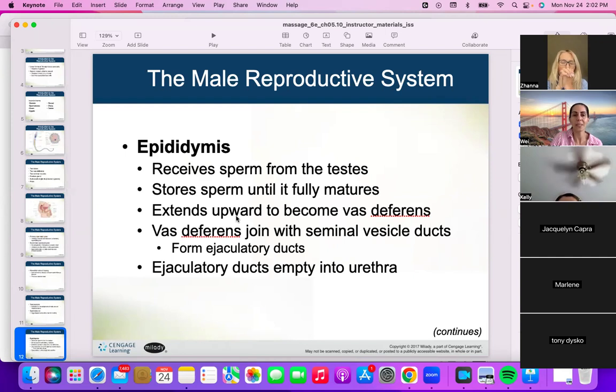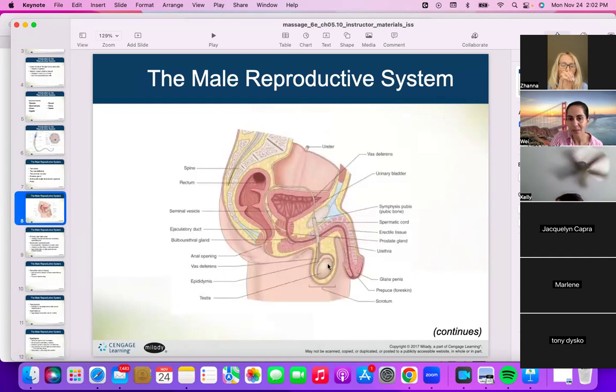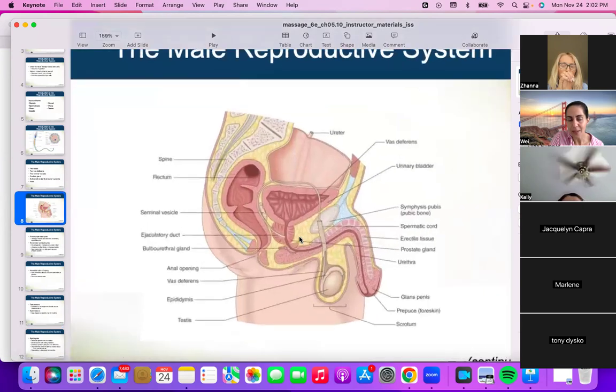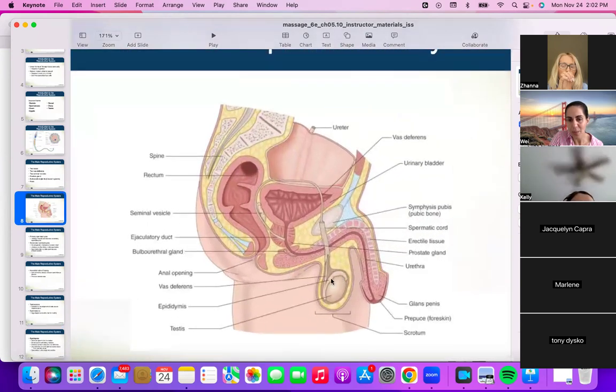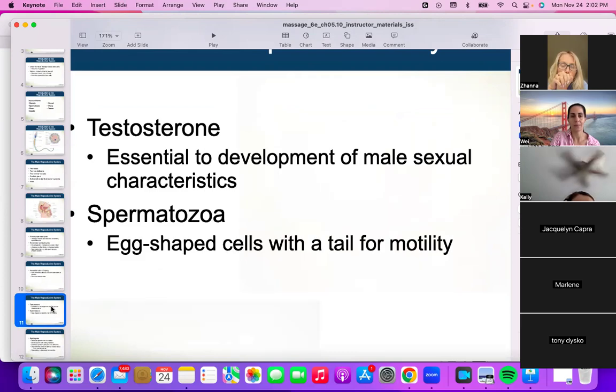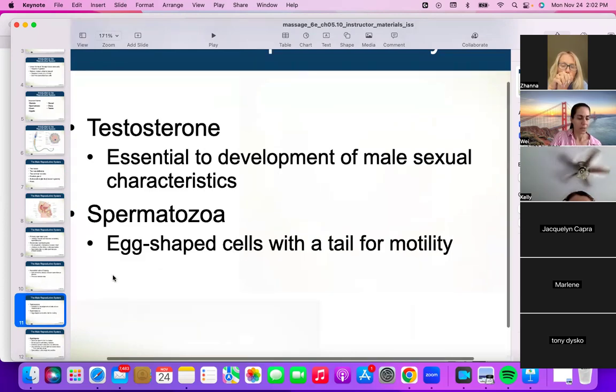Okay, the epididymis. We find that right here. It's just right here on top of the testis, and then it blends and extends into the vas deferens duct. It's located in the scrotum, because of course the testes are in the scrotum.